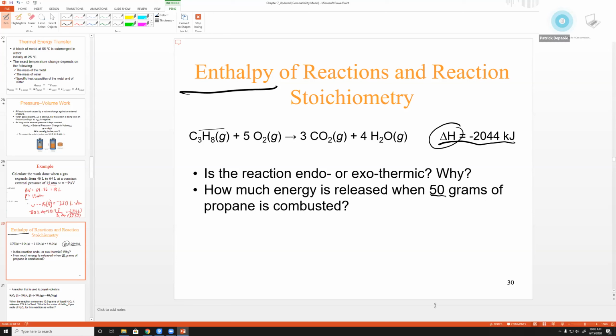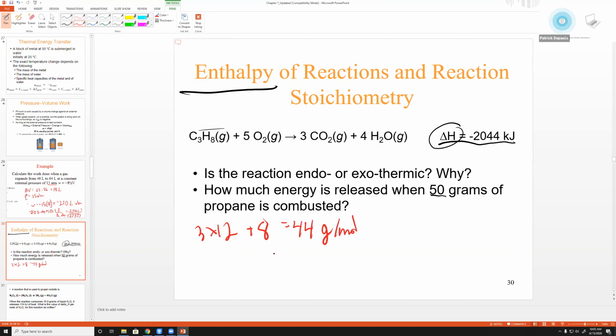Okay, so it's 10:05. Hopefully most of you understand how you arrive at the answer. What you would do is see that 1 mole of propane releases this much energy. Find out how many moles is 50 grams. The molar mass of propane is, all approximations, 3 times 12 plus 8 for the hydrogens, and you get 44 grams per mole. So 36 plus 8.